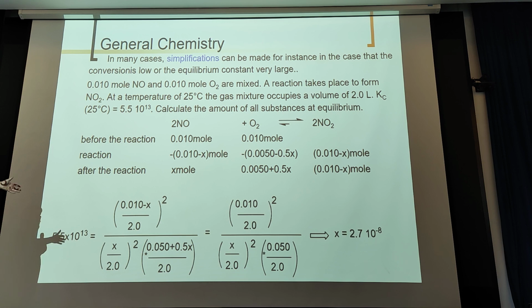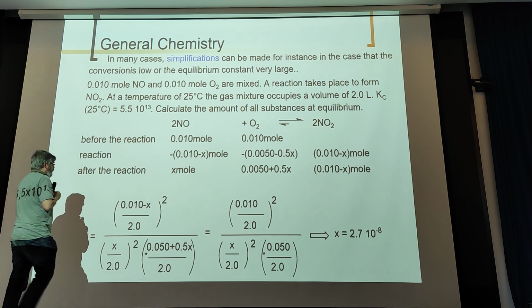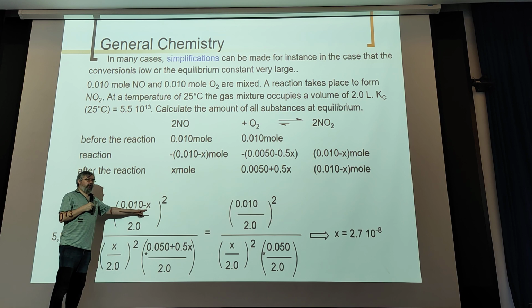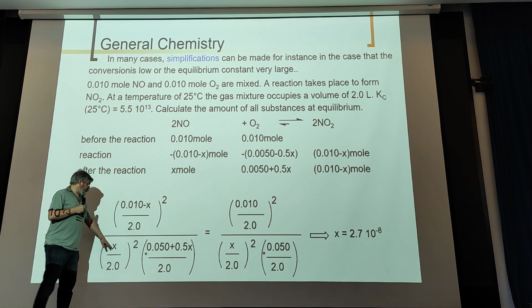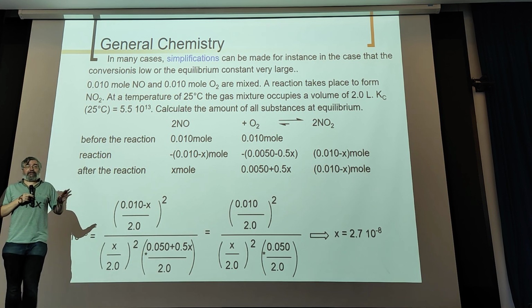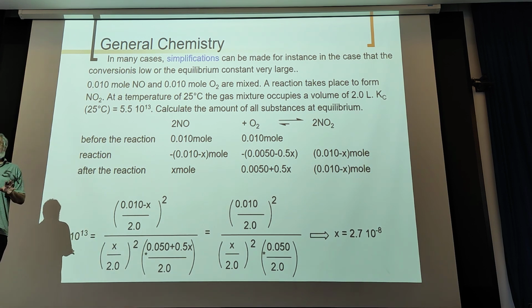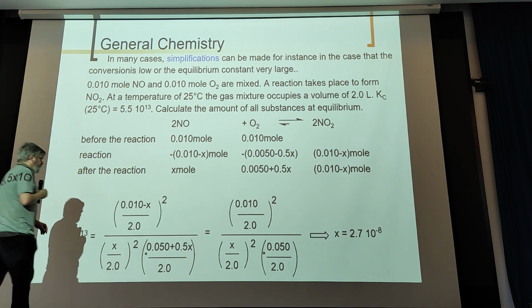So this would be a quite complicated thing to solve without simplification. So what can we simplify? We know that x is very small compared to 10 millimole. So let's drop it. This x, of course, we cannot drop. We have to keep that to solve it.